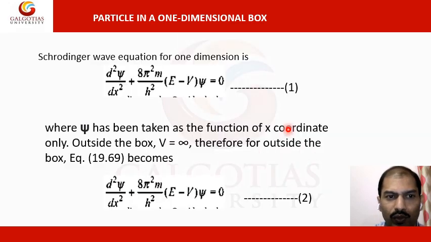So here you can see, as per the Schrodinger wave equation, which we have already discussed. There we had seen it for 3 coordinates, but for a one dimensional box, on one axis, the Schrodinger wave equation is d square psi upon dx square plus 8 pi square m upon h square into (E minus V) into psi equal to 0.